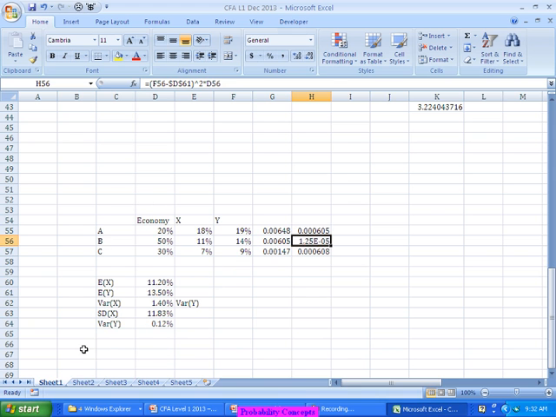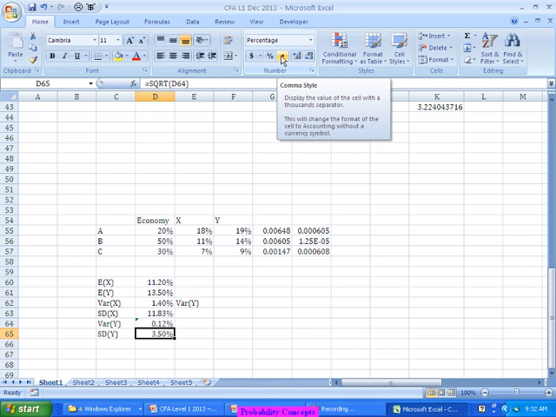So from here, if I try to find the standard deviation of Y, which is nothing but the square root of this, the standard deviation of Y is coming out only around 3.5%.